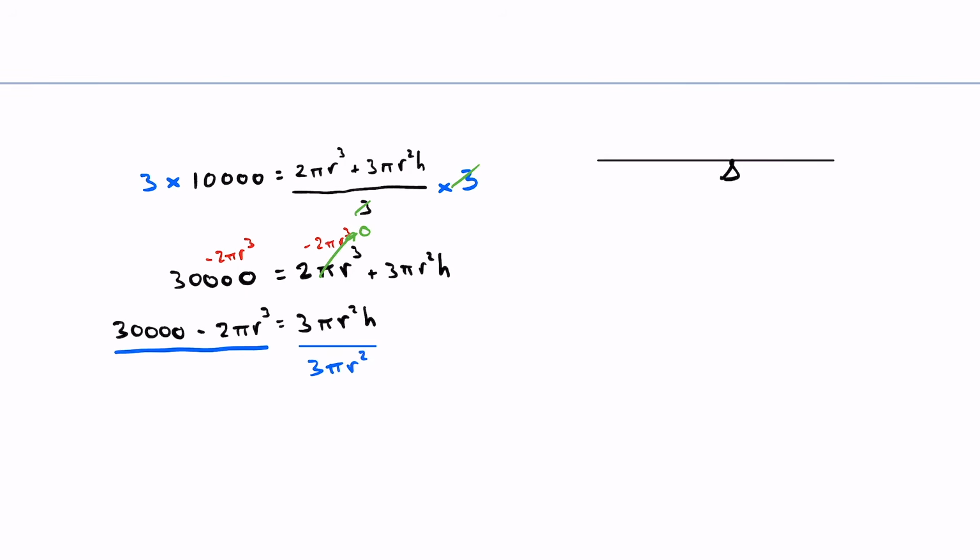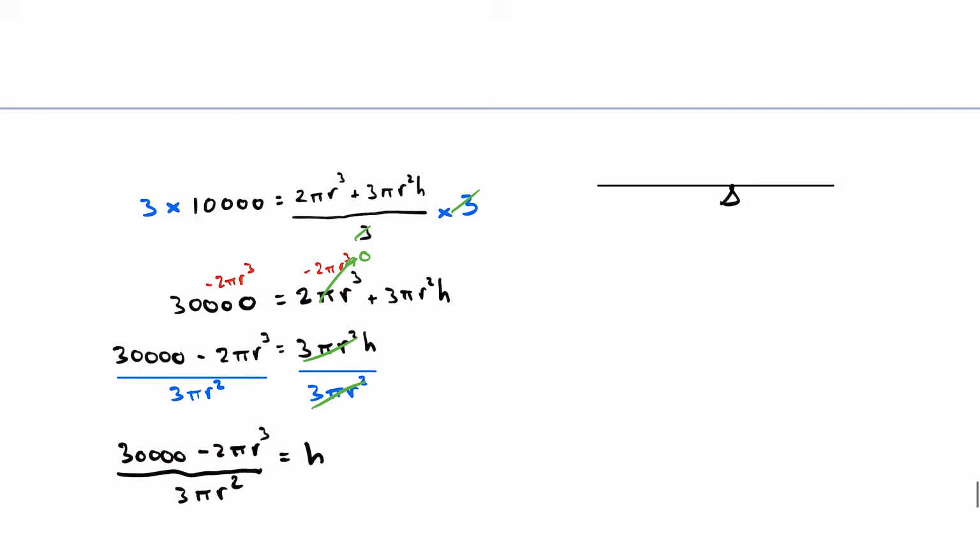Let's divide this side as well by 3 pi r squared. Anything divided by itself is just equal to 1, so 3 pi r squared divided by 3 pi r squared is just equal to 1. Now we have 1 times h, which is just h. And we'll have 30,000 minus 2 pi r cubed, over 3 pi r squared.